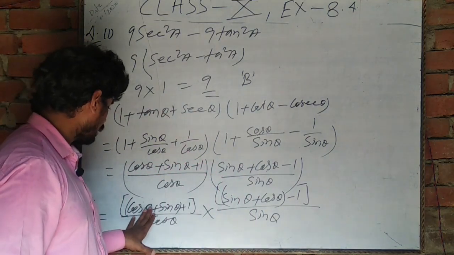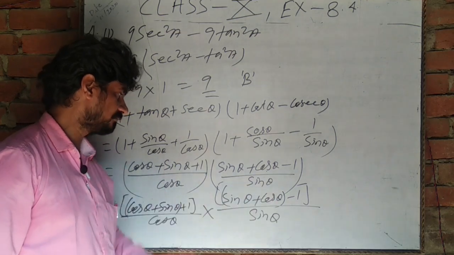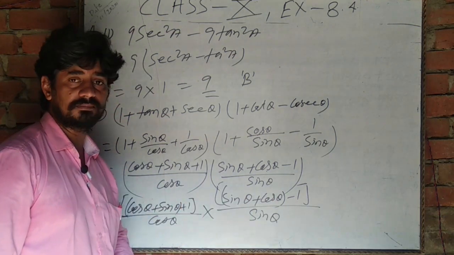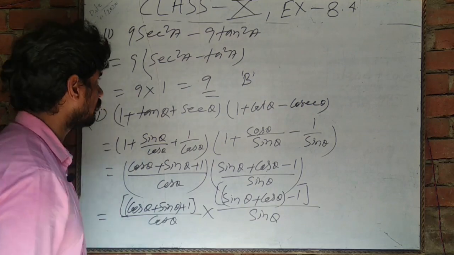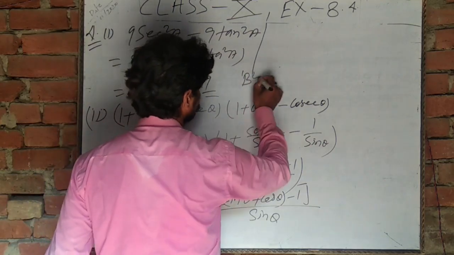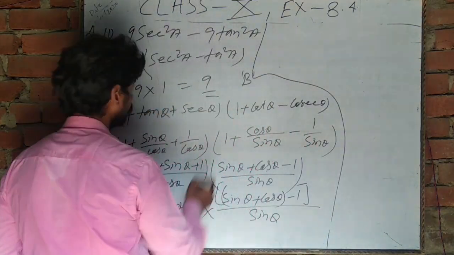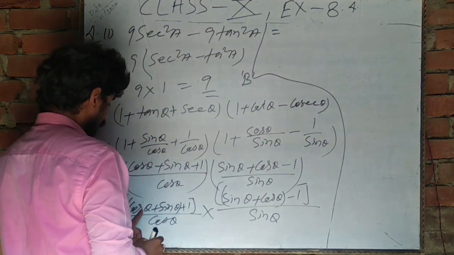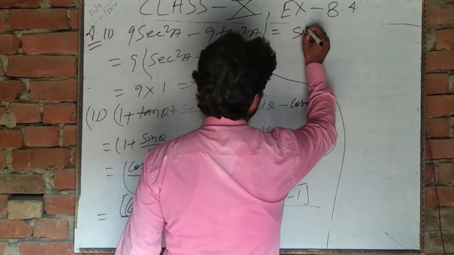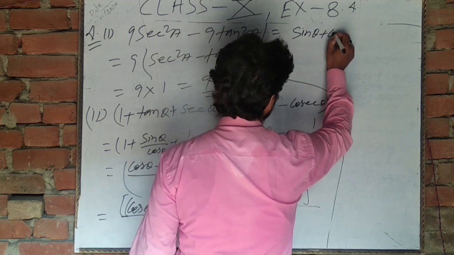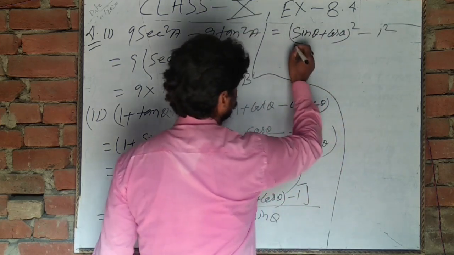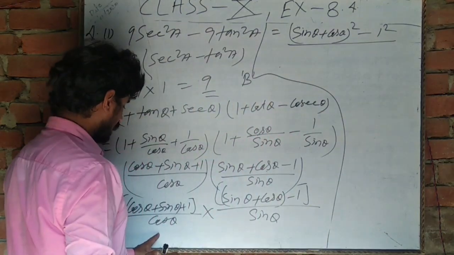We are watching here a plus b into a minus b. We have idea a plus b into a minus b means a square minus b square. So we will write cos theta plus sin theta whole to the power 2 minus 1 square by sin theta cos theta.